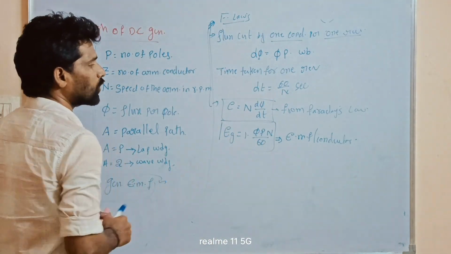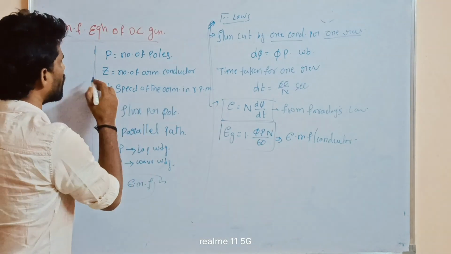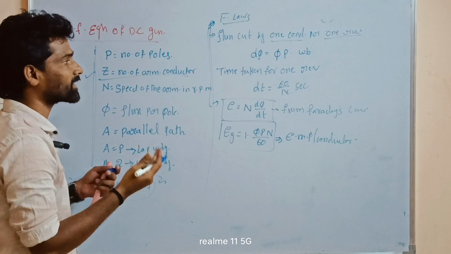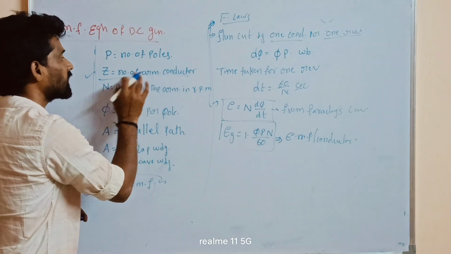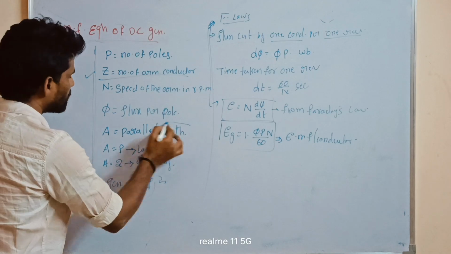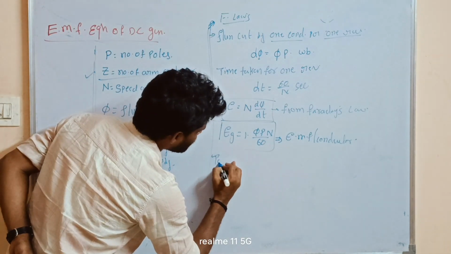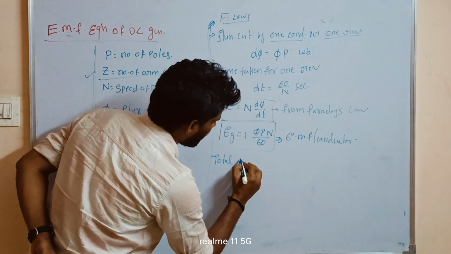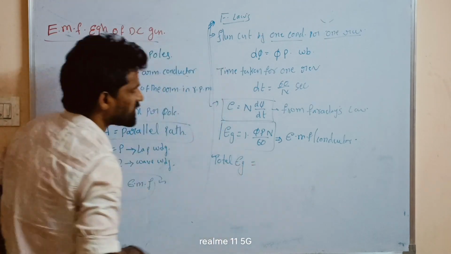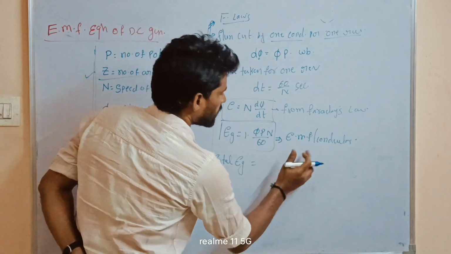This EMF is for only one conductor, but we need the total number of conductors. The armature has Z conductors. In the same case, the armature has some parallel paths. So let us take the total induced EMF, Eg.